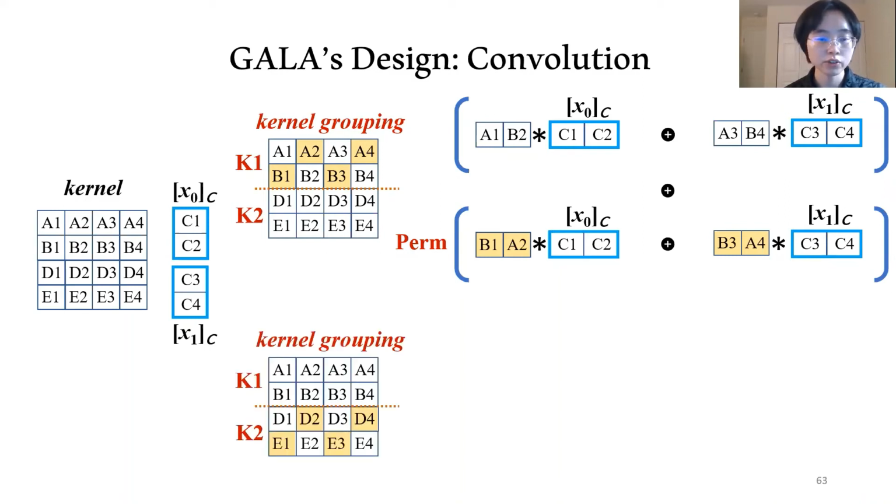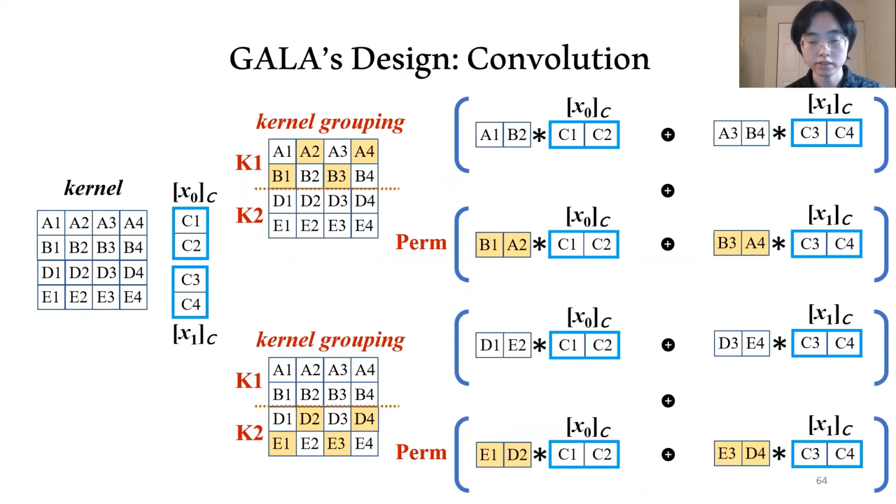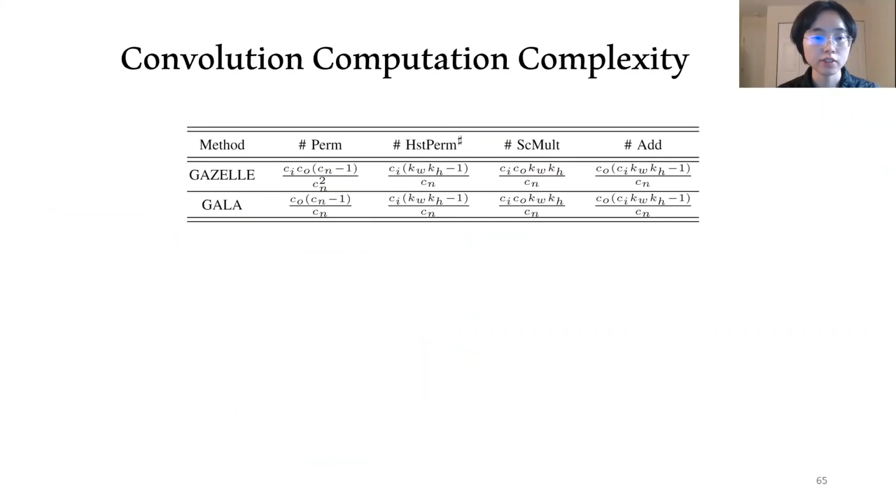As for the calculation for K2, a similar idea can be followed. The result is shown here. As for the convolution computation complexity, we can see that GALA can reduce the most expensive permutations by Ci over Cn times.